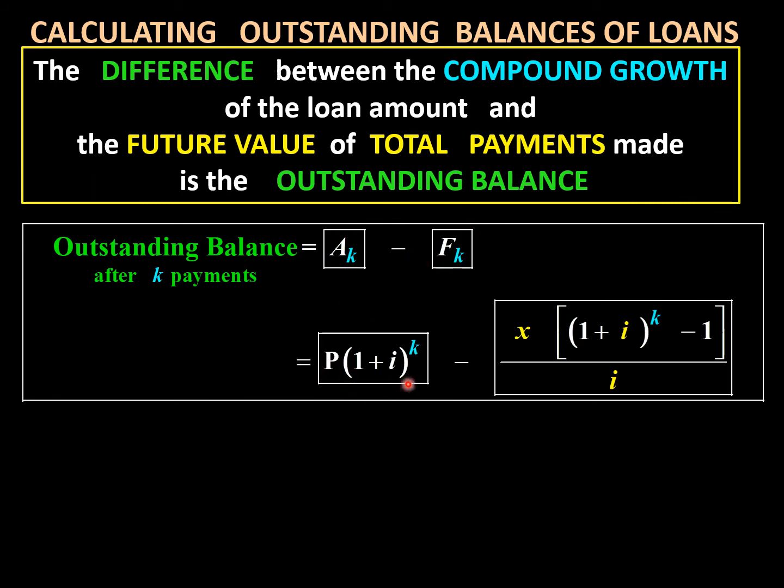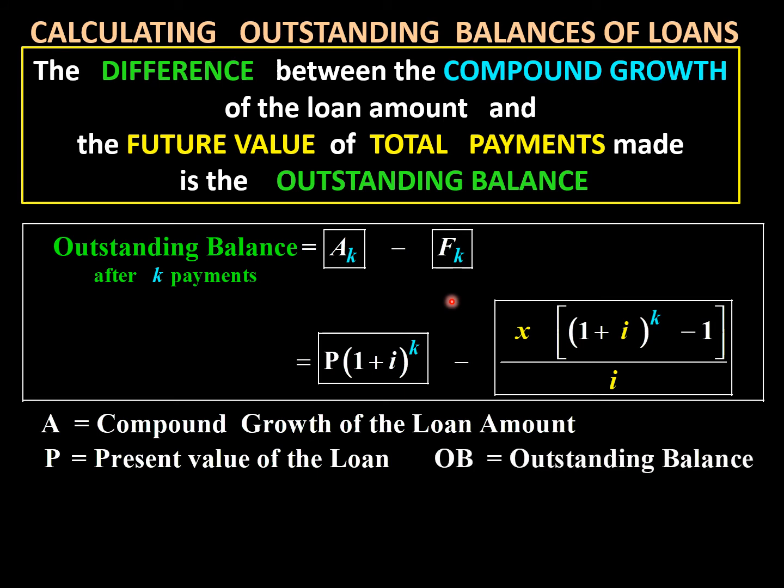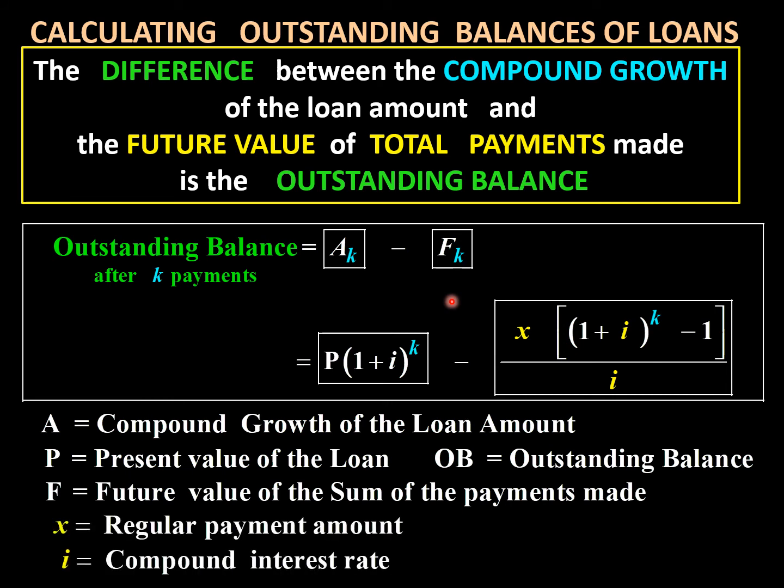There's the formula for compound growth, and there's the formula for future value. We'll work each out separately, and then we subtract the two. A is the compound growth of the loan, P is the present value of the loan, F stands for the future value, X is the regular payments, I is the compound interest, and K is the number of equal payments.